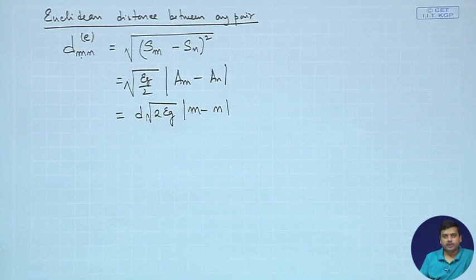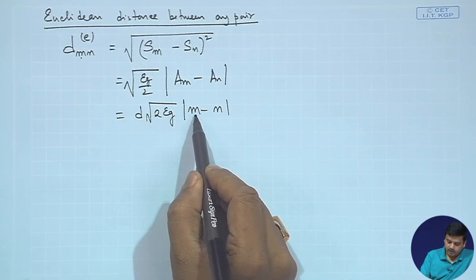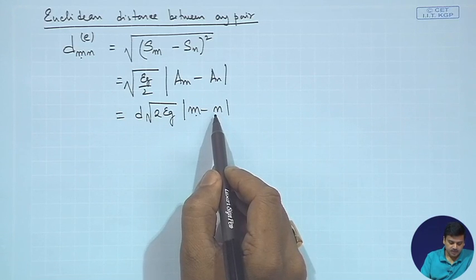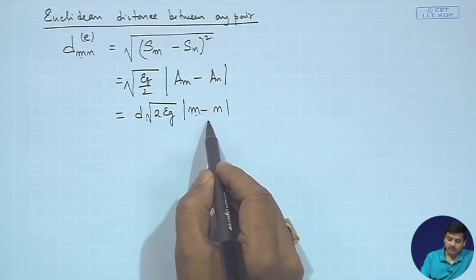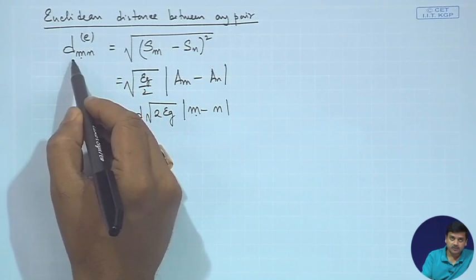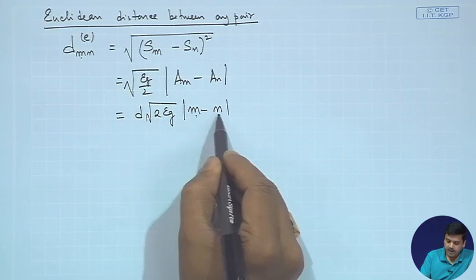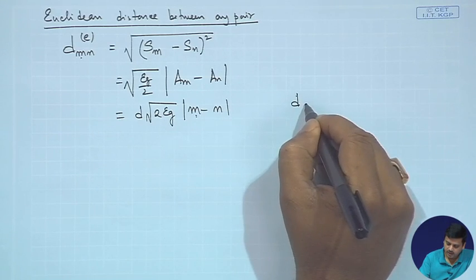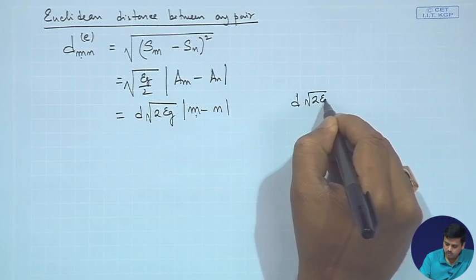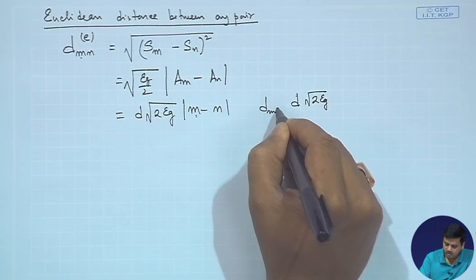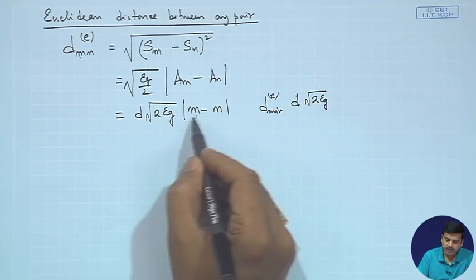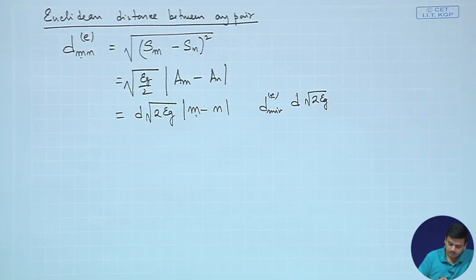So, this would be useful, and for m and n being neighbors, if you want to calculate the minimum distance, m and n would differ by at most a value of 1. So, you would get d root 2 Eg, that means the minimum Euclidean distance between the two neighbors, that is the closest. This is between any two, m and n could be any two amplitude levels.